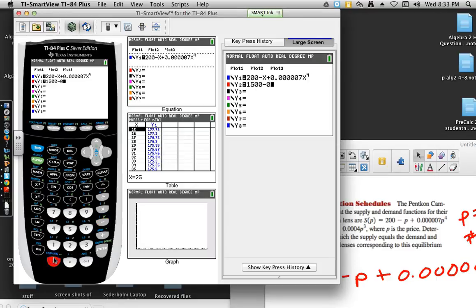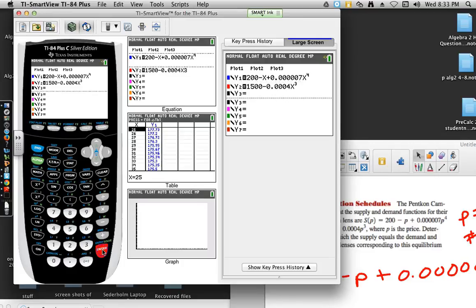And then we have 0.0004 x to the, and this one was to the 3rd power. Didn't take the power. To the, there we go, 3rd power. All right, so 200 minus x plus 0.000007 x to the 4th, and then we have 1500 minus 0.0004 x cubed.